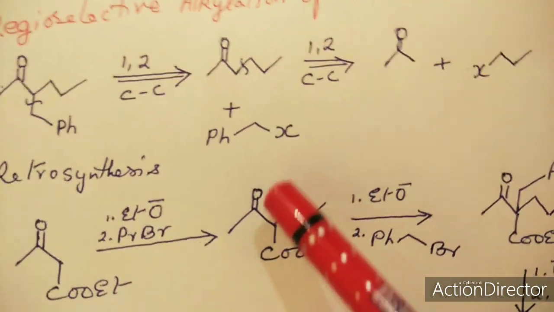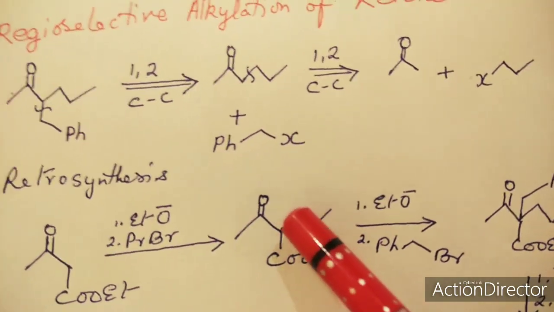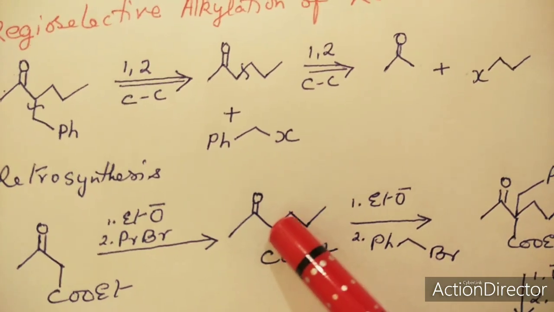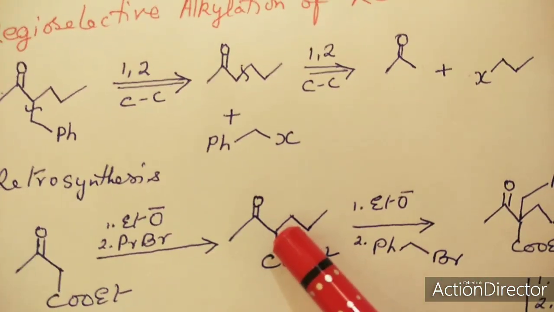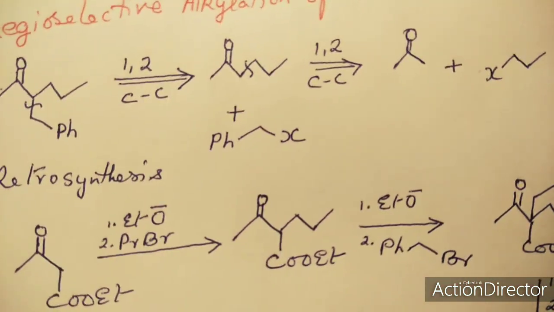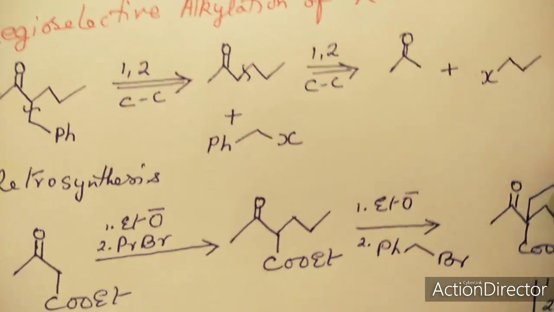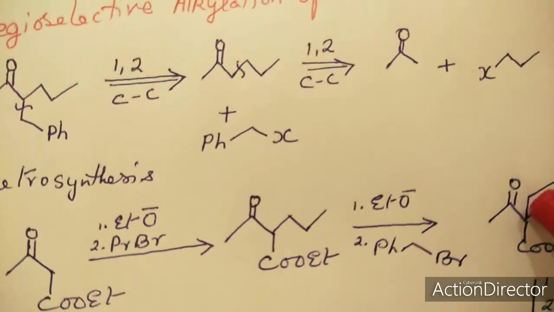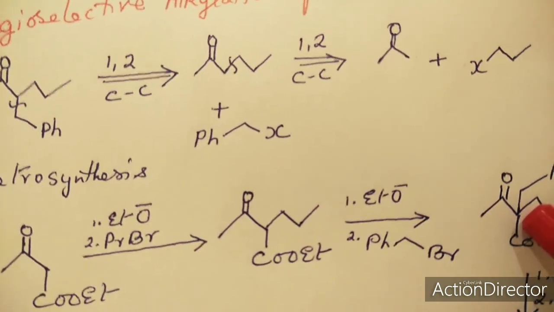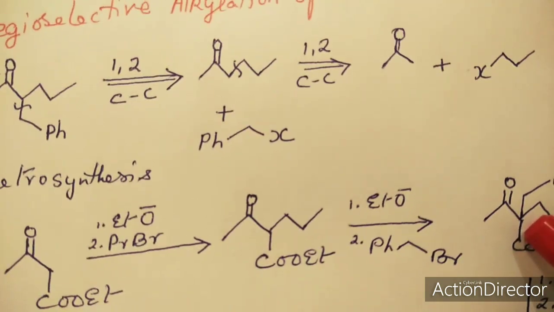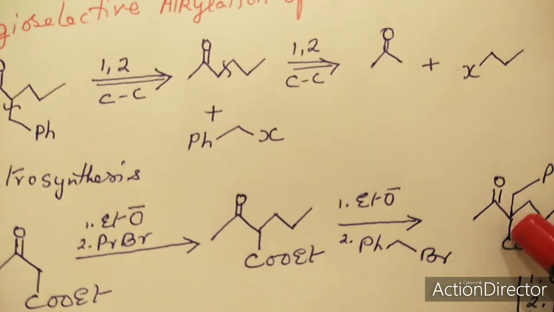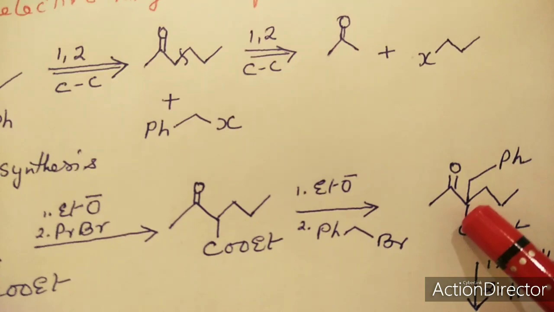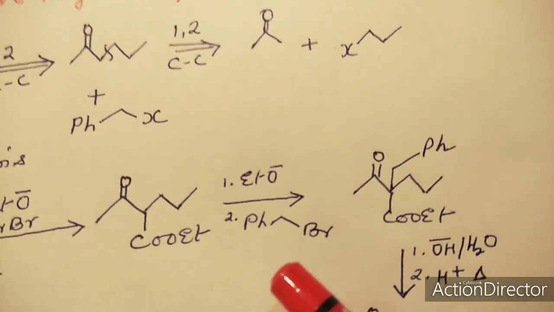This further, in the presence of a base now, because this has one more hydrogen here, again H positive will be eliminated by means of this base. So this still is the active site. So this substitution will also take place over here. C6H5CH2 positive, and this is carbon negative. As a consequence of this, we have got the right orientation for our target molecule.